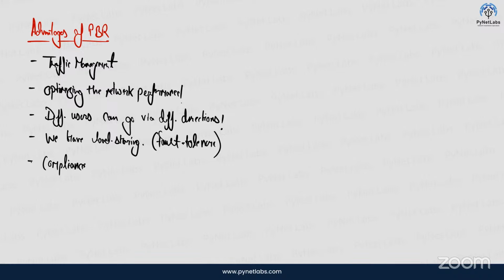Now, there are two more points which I would like to add about policy-based routing. There should be some route-map statements which we are going to define while doing policy-based routing.